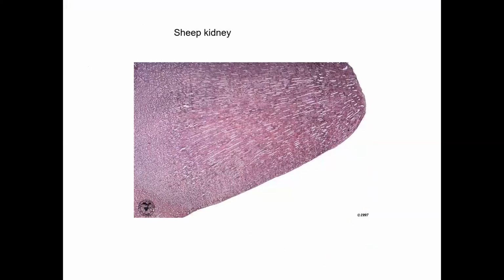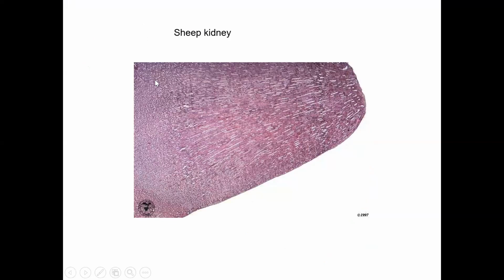I have a few histology slides, and you can also find these in my lab and on the Mastering site. This one is definitely a kidney structure. How do I know? You see these parallel structures, that's the renal pyramid, all these collecting ducts.